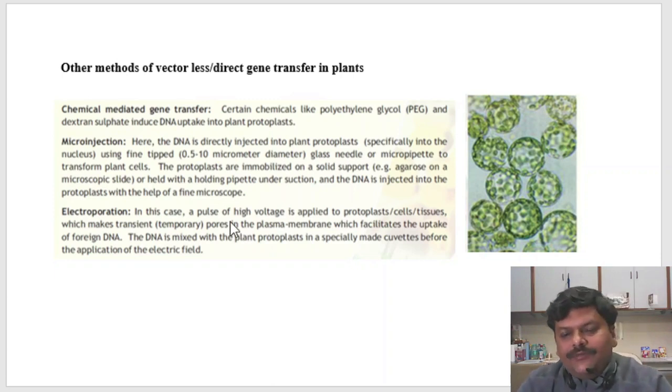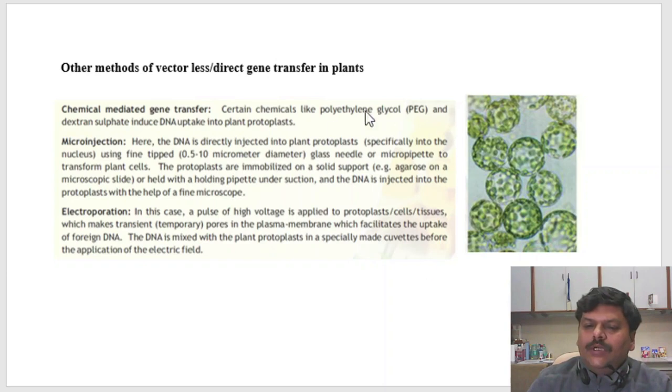The other methods which I listed in that table are related to DNA delivery through microinjection, electroporation, or chemical mediated gene transformation. These are mostly used in the case of isolated protoplasts.